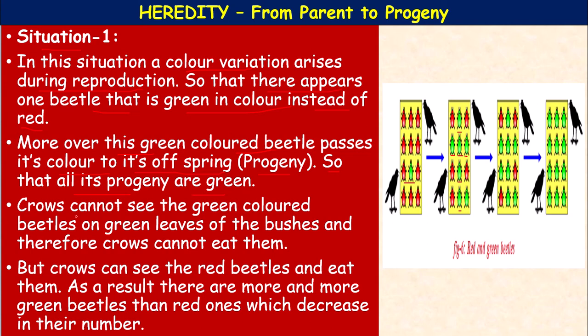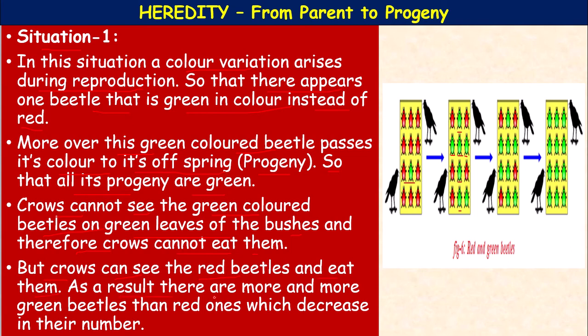Why did this happen? Crows cannot see the green colored beetles on green leaves of the bushes, and therefore they cannot eat them. But the crows can see the red beetles and eat them.